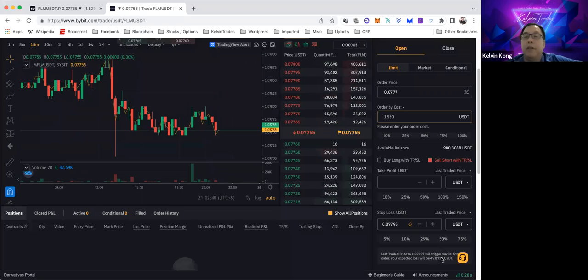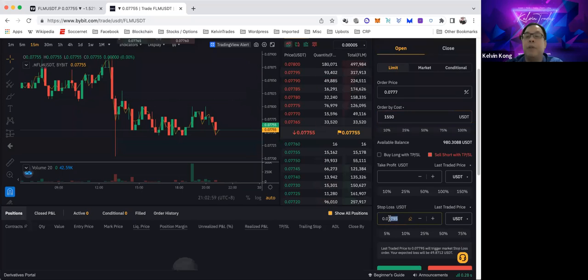Of course, you can move your stop loss. Let's assume you find that this stop loss is too tight. You want to have a stop loss further away from your entry. So let's assume you choose 0.07825. That will be your stop loss.